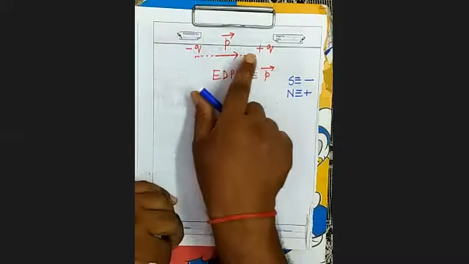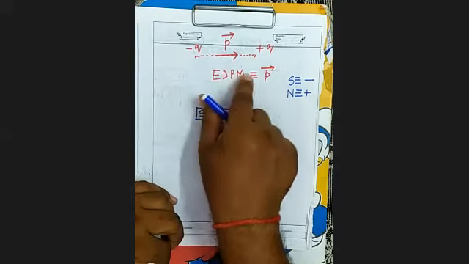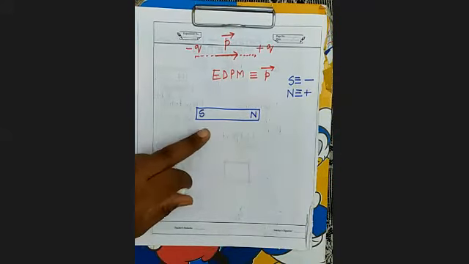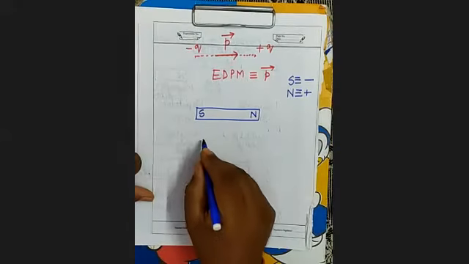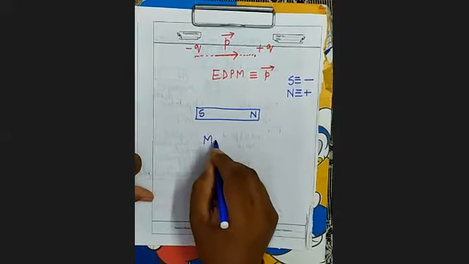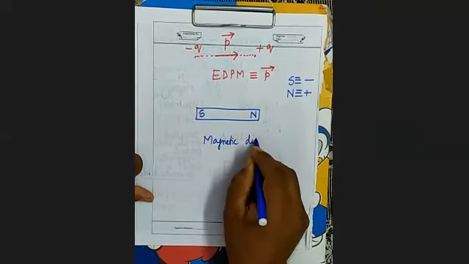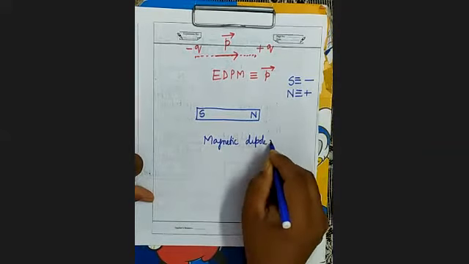Here the electric dipole moment expresses the strength of the electric dipole. There is a similar term here, the magnetic dipole moment.